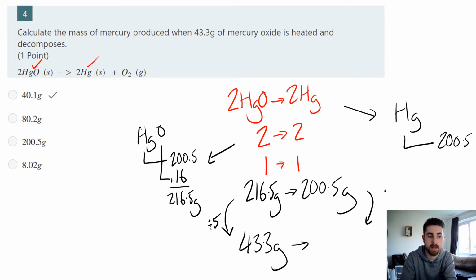Again, sometimes a calculation requires you to go to 1 gram first and then multiply by the desired mass, but in this case we can see that 216.5 can be simply divided by 5 to get 43.3. So that gives us an answer of 40.1 grams.